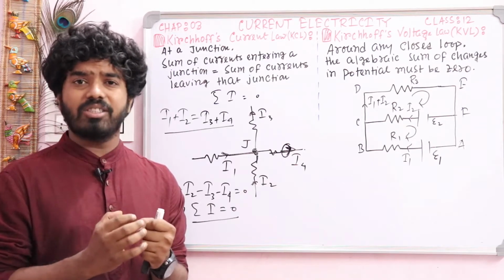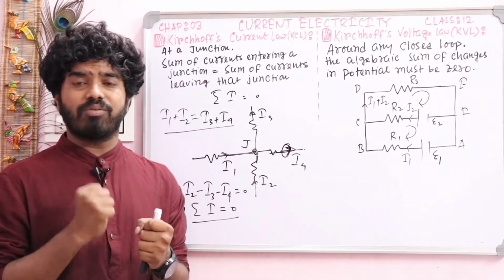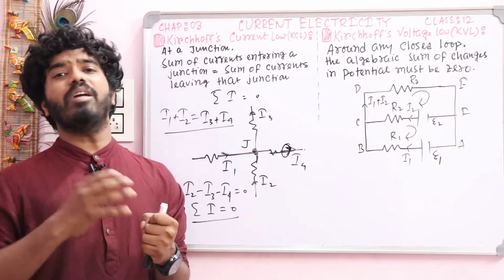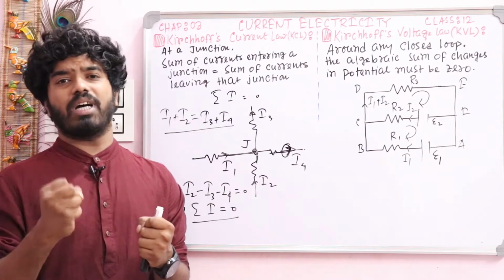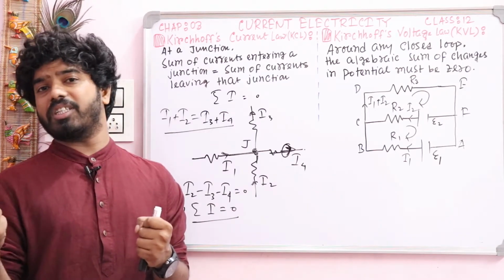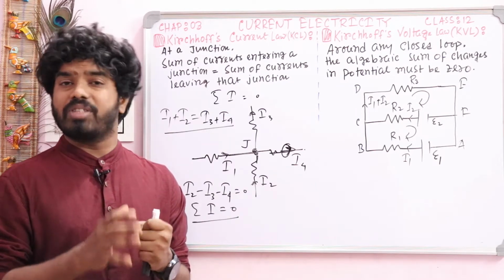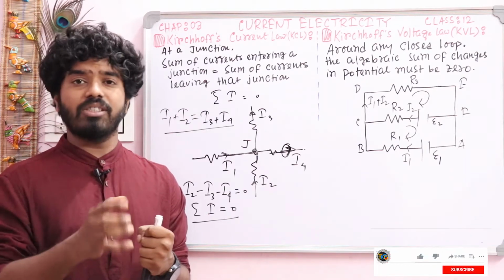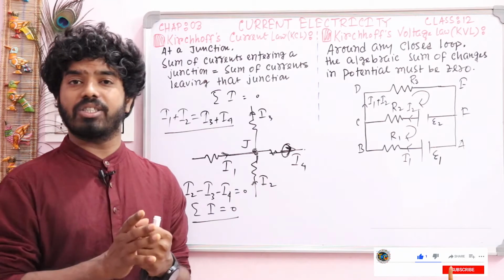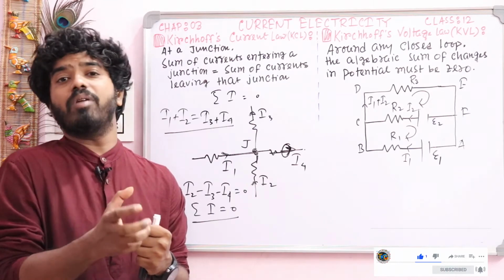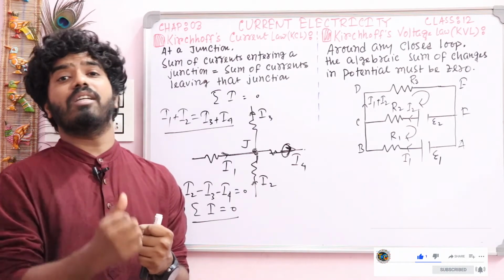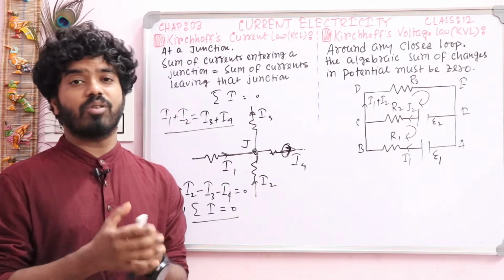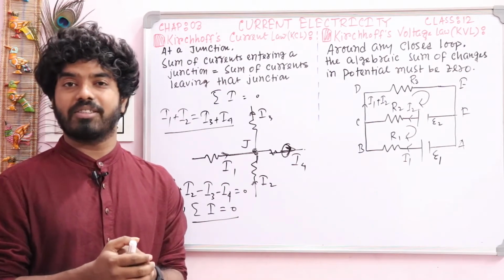The amount of charge flowing towards the junction in a time is exactly equal to the amount of charge leaving that junction in that time. Charge cannot be created, cannot be destroyed. So KCL is based on the conservation law of charge.